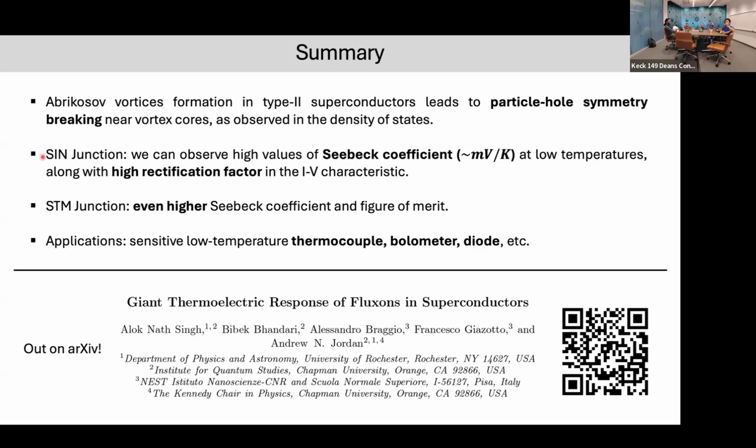The first is an SIN junction, where we observe relatively high values of the Seebeck coefficient at low temperature, along with a high rectification factor in the IV characteristic, which can be useful for building diodes, as I mentioned. And the other experimental setup is the STM junction, where we find even higher values of the linear response coefficient, the Seebeck coefficient, and the figure of merit.